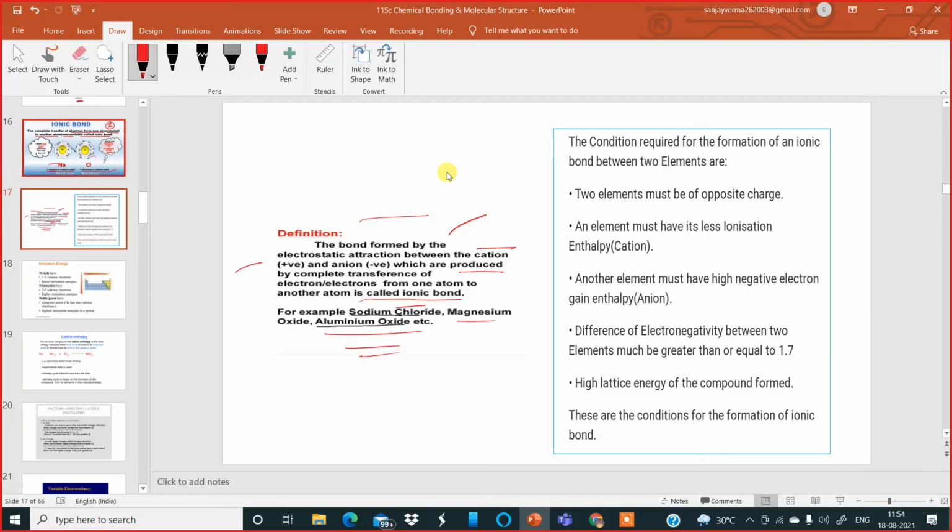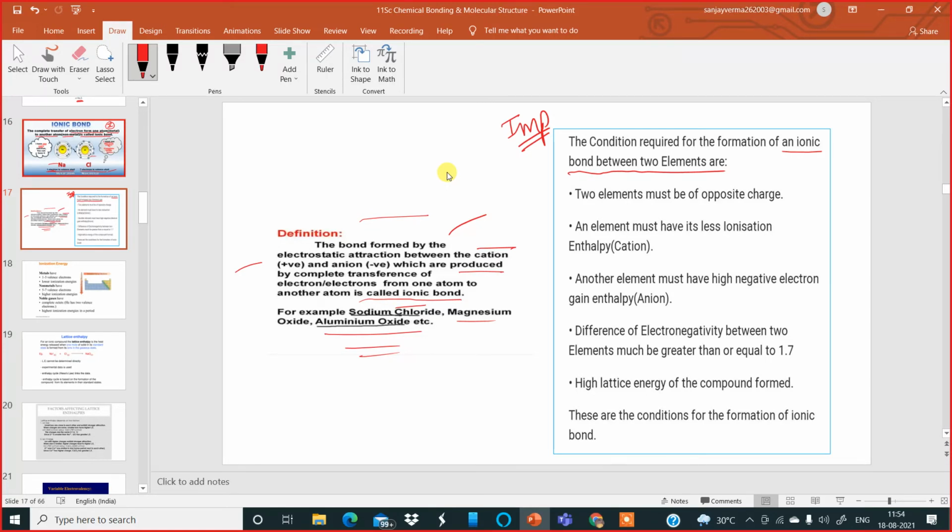Now, let us go quickly to the conditions required for the formation of ionic bond between two elements. This you must remember. This is important. The conditions required for the formation of ionic bond in detail. You must know this.